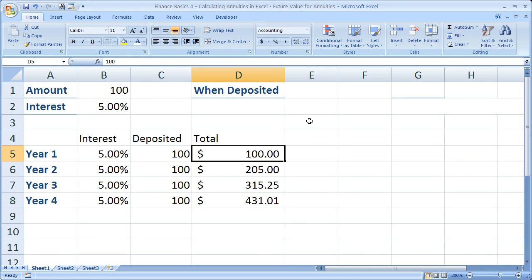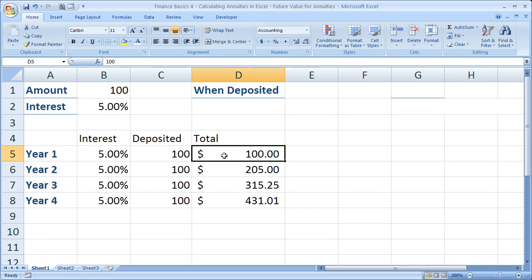Now the amount of money that you're going to have after year 2 is $205. It's important to know how this is calculated. It's going to be 5% of $100, right? So this total amount at the end of year 1 is going to be the beginning amount for year 2. So 5% times 100 is $5. So you have $105.